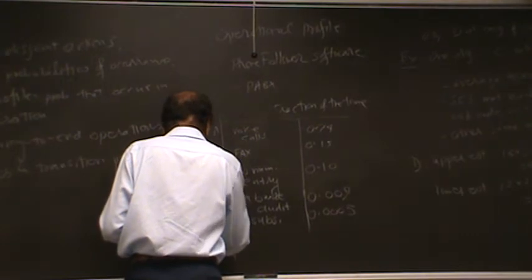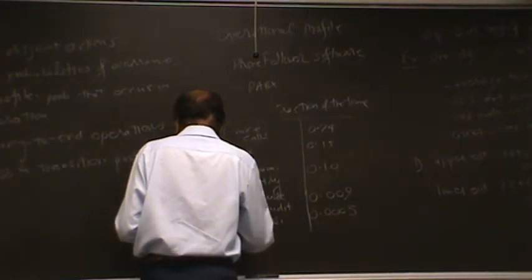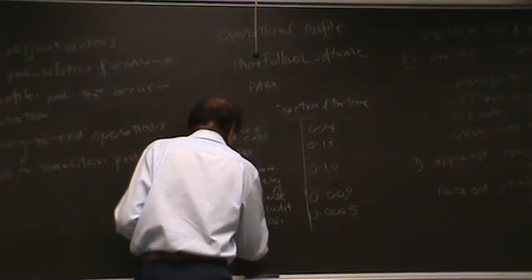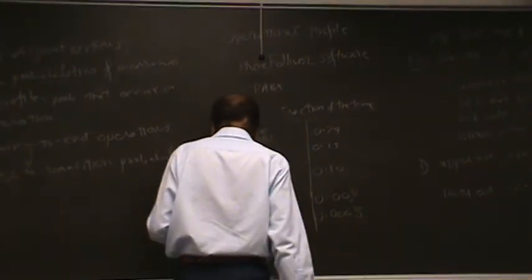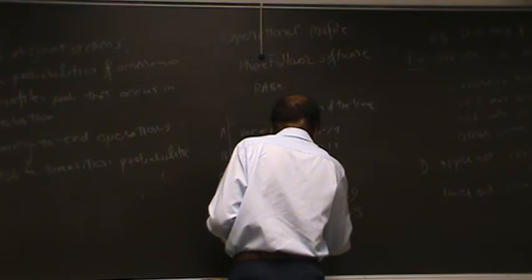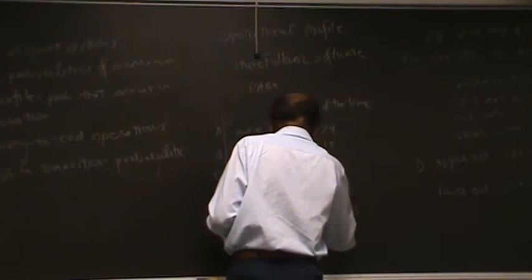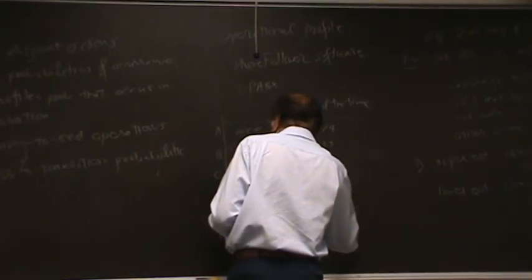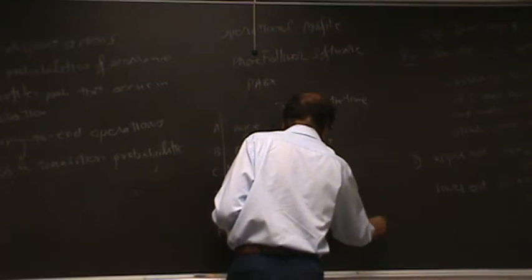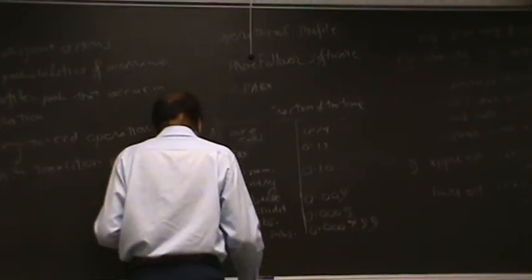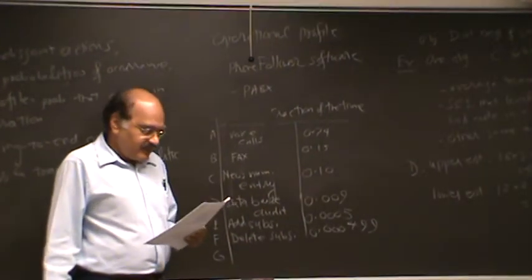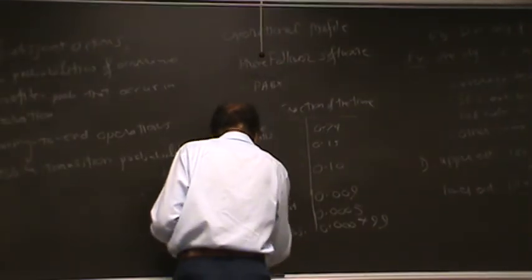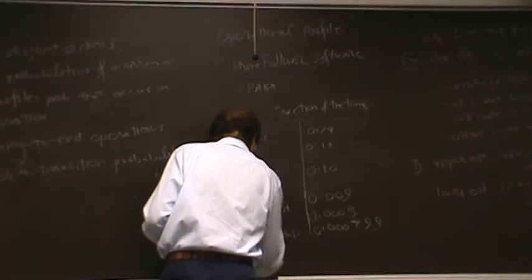And F, delete subscribers, and that happens 0.000499. And sometimes your unit fails, so you need a failure recovery, and G is a failure recovery.